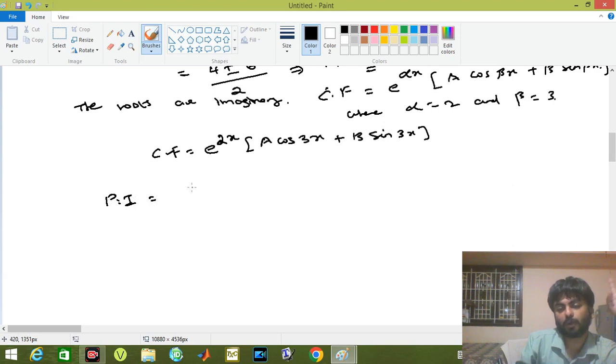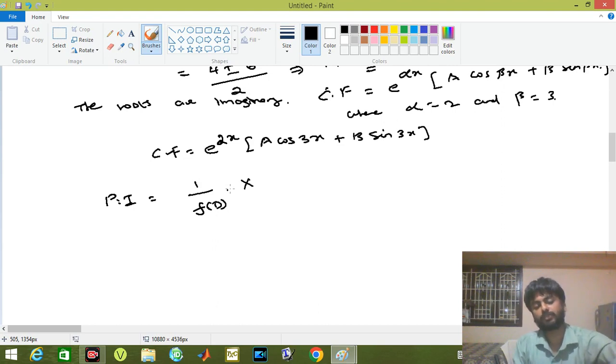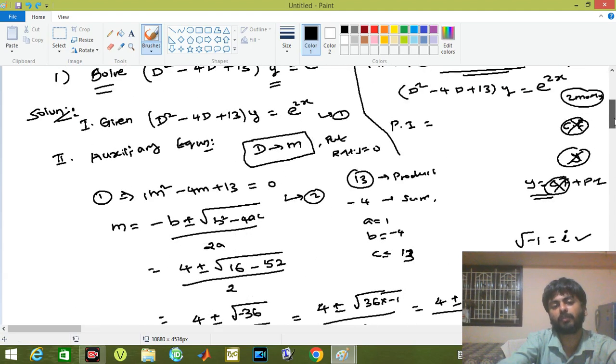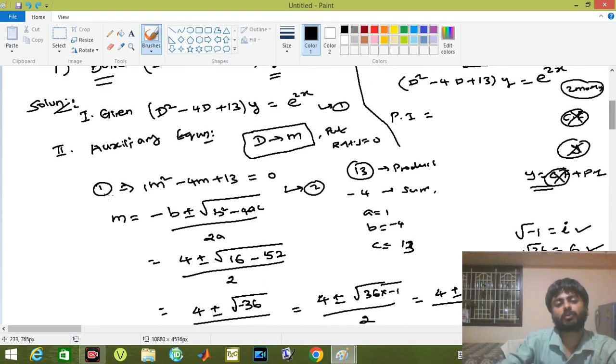always I told you, you have to find PI as 1 by f of D into X. Am I right? I think you may remember if you clearly watched the previous video. So what is function of D here? The function of D is given by this, D square minus 4D plus 13.